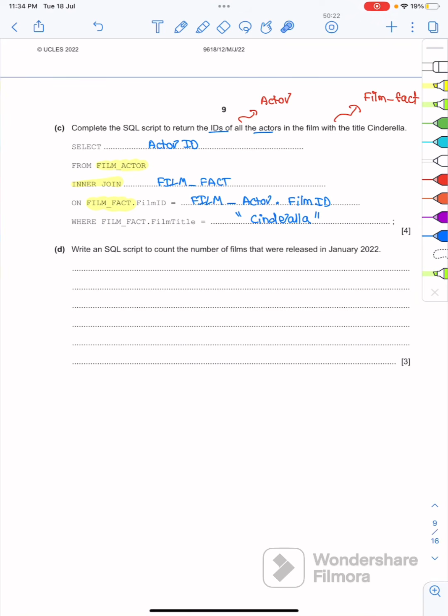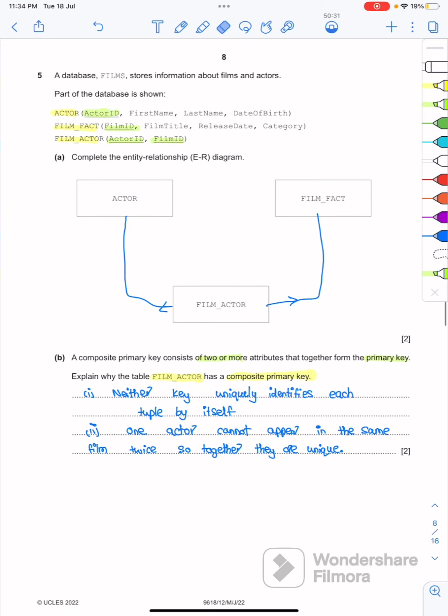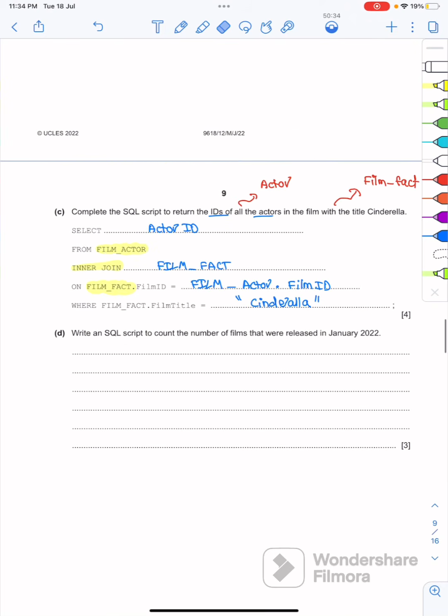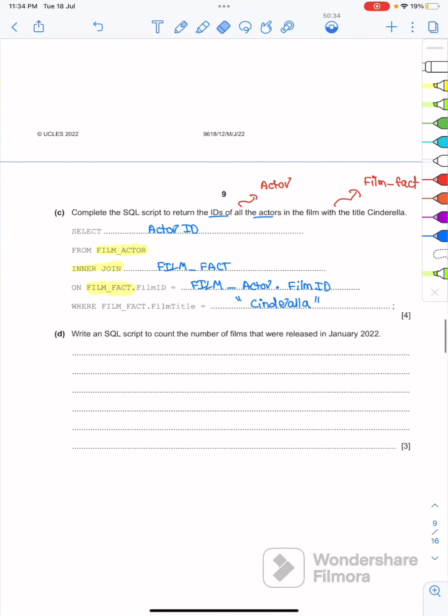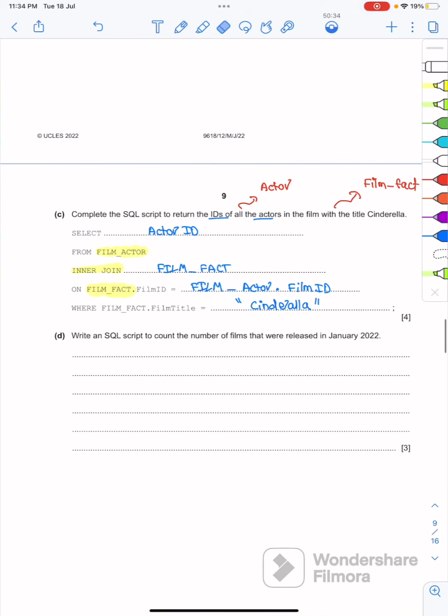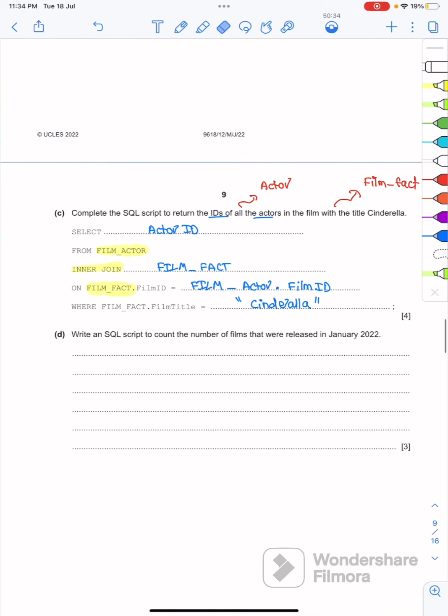So we can count the film ID, if you ask me, because film ID is unique. Each film has a specific film ID. So they're not asking us which name of the film, they're just asking how many films. So if we can just select the film ID of a certain film and return how many film IDs there are, then that's essentially our count.